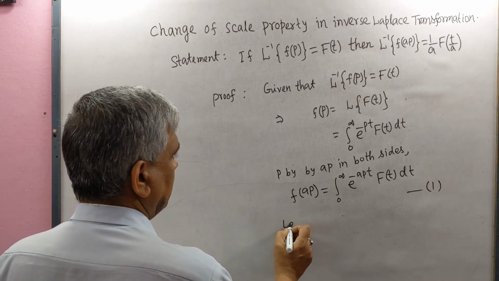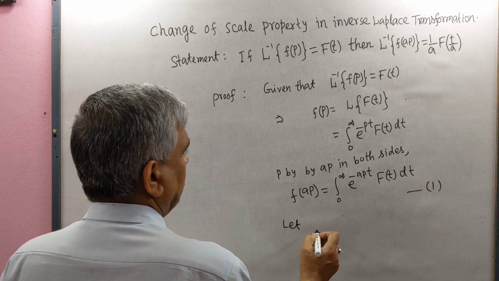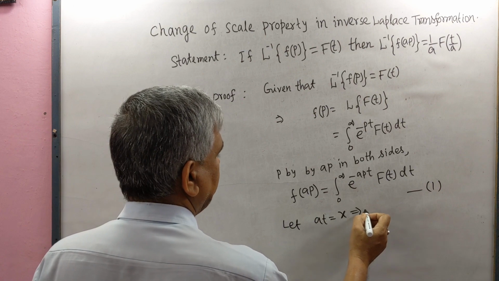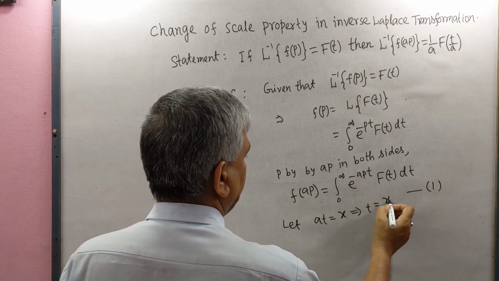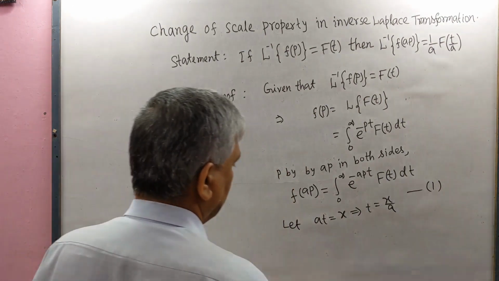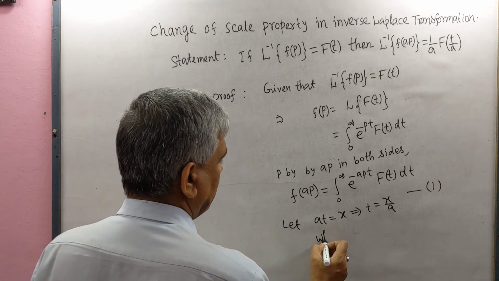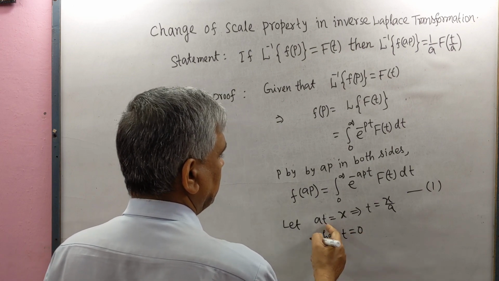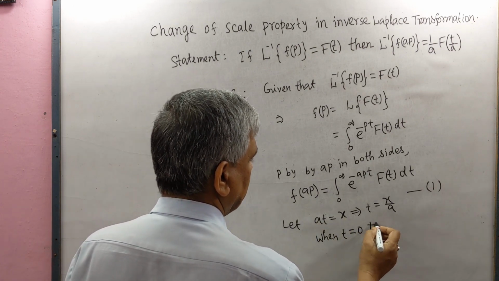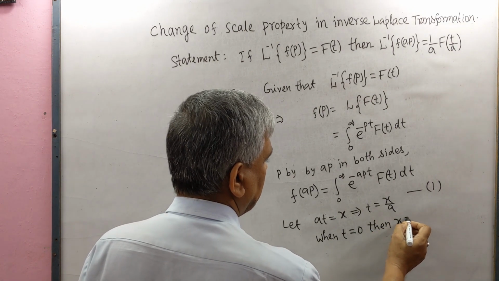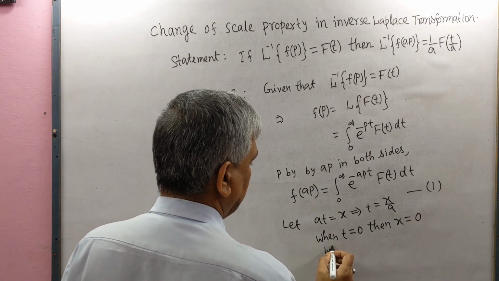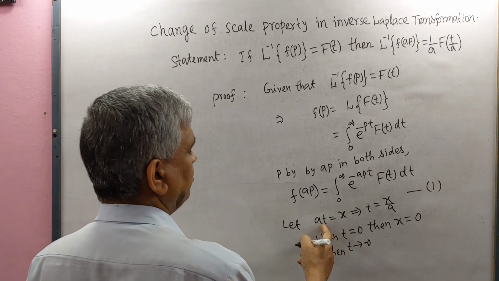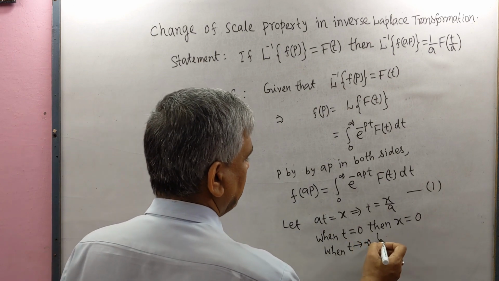Let at equal to x, which implies that t equal to x by a. When t equal to 0, then x equal to 0. When t tends to infinity, then x tends to infinity.